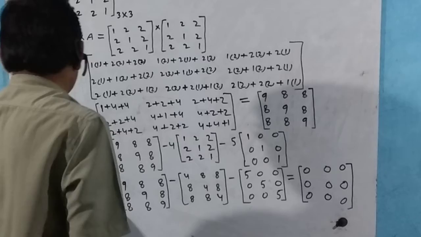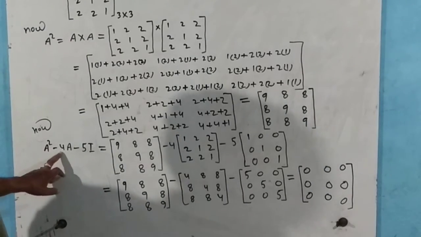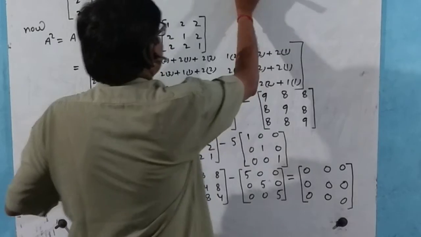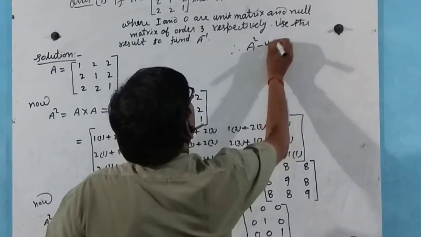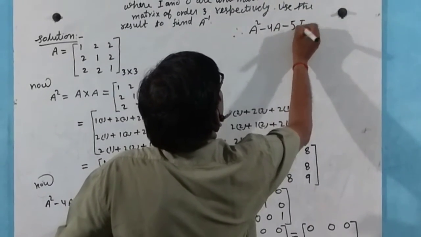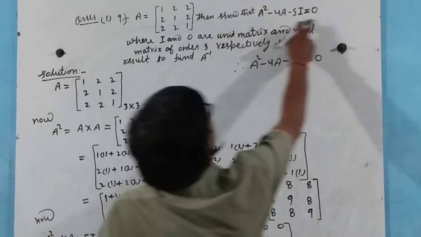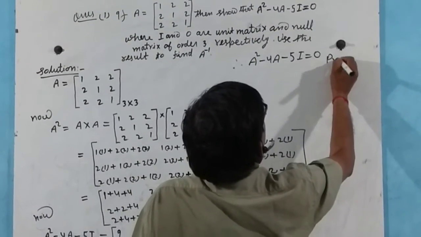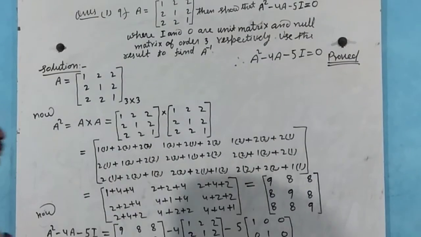So that A square minus 4A minus 5I equal to 0. Here then show that this is equal to 0. This is proved. Now A square minus 4A minus 5I equal to 0.